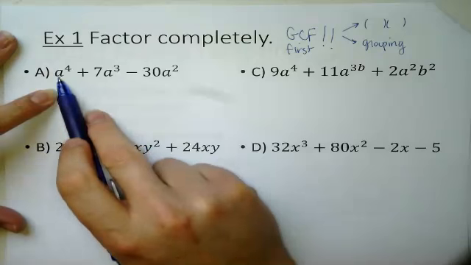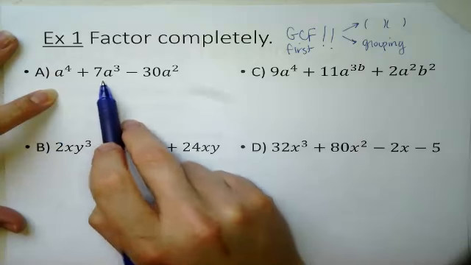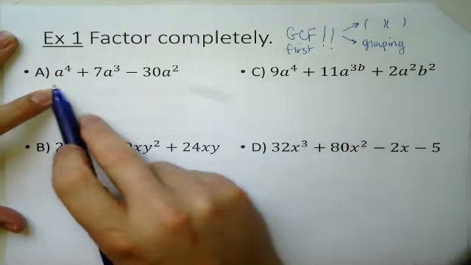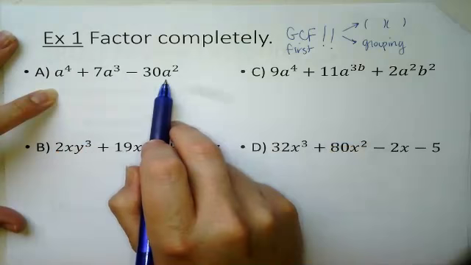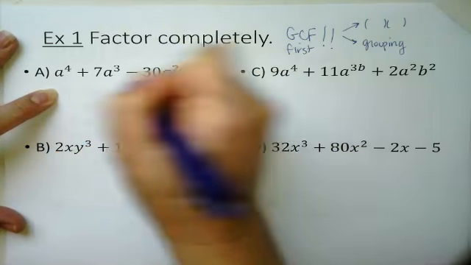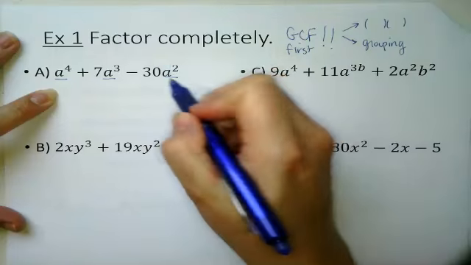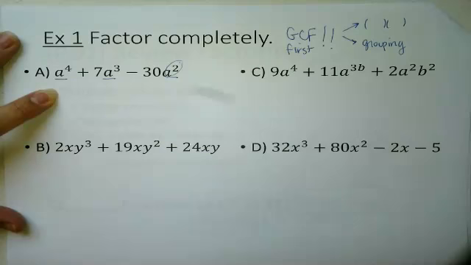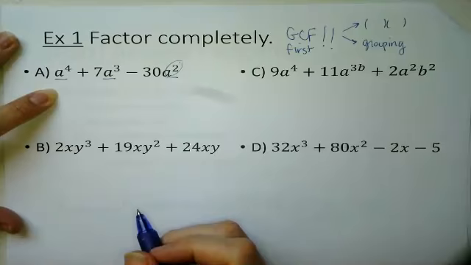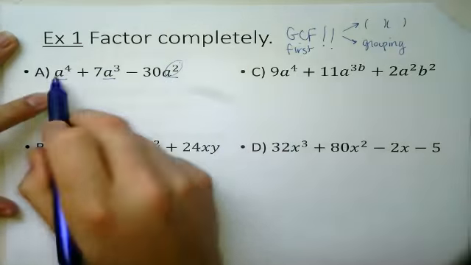So here on my first one, we have a to the 4th plus 7a cubed minus 30a squared. I see that I have a trinomial, 3 terms, and I can see that they all have an a. And not just one a, but we can take out a squared, the lowest possible thing they have in common.